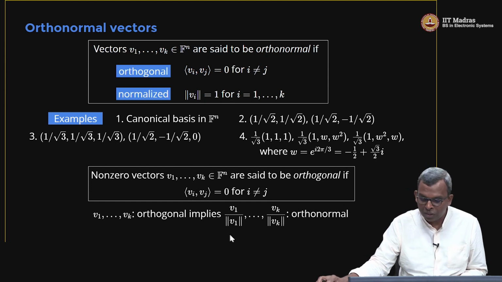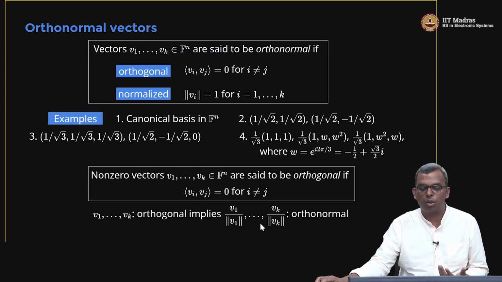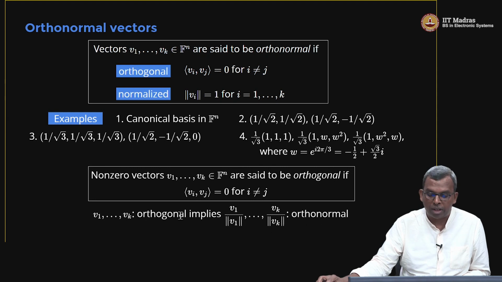Because if you just divide by scalars which are real, the scalars are going to come out and you are left only with this. So if the inner product is originally 0, even when you scale it by something, it will continue to be 0. So orthonormality from non-zero orthogonal vectors is very direct. Quite often just the orthogonality property is important as long as they are non-zero. If you put 0, then it becomes trivial.